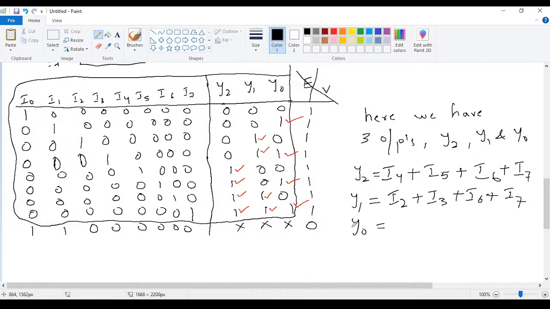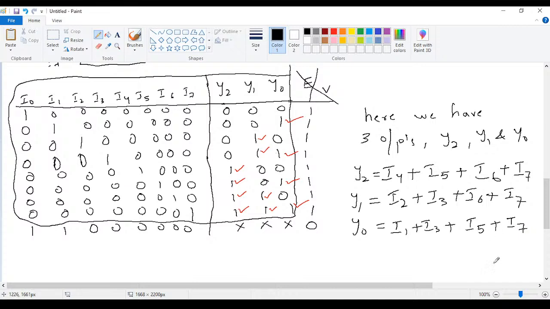So when I1 equal to 1, or I3 equal to 1, or I5 equal to 1, or I7 equal to 1. So this is what the outputs we are getting here.